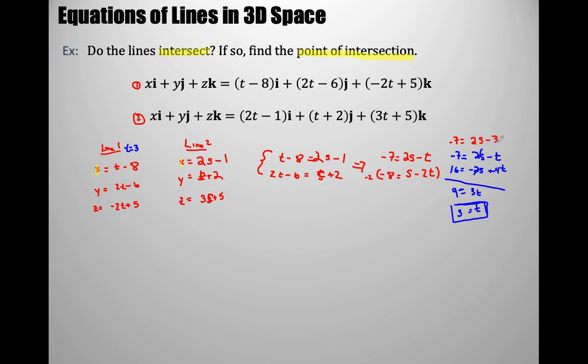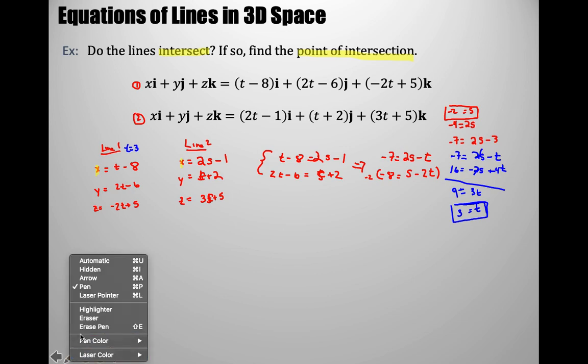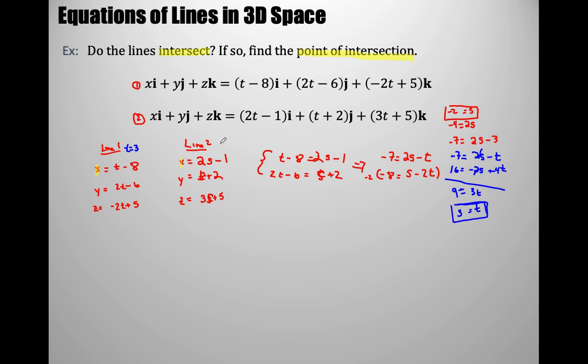So what does that mean? Add 3 to both sides and I get -4 is equal to 2s, and therefore s is equal to -2. So for line 2, the time to get to the same position is -2. So now we have to check.